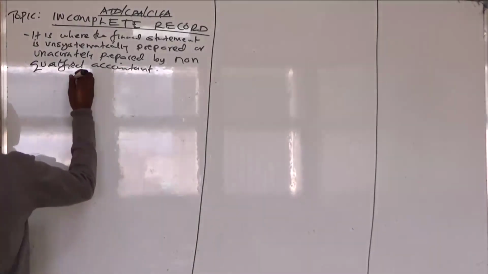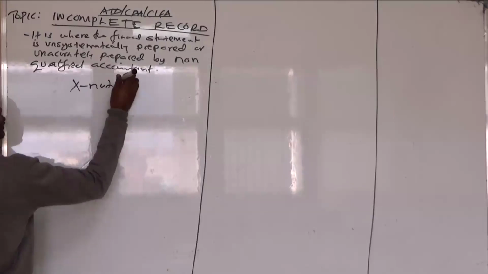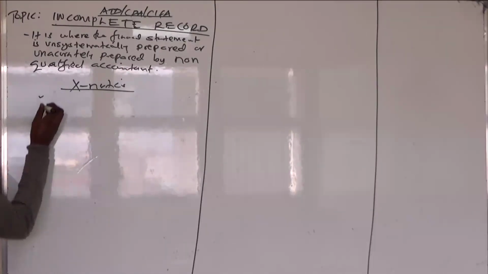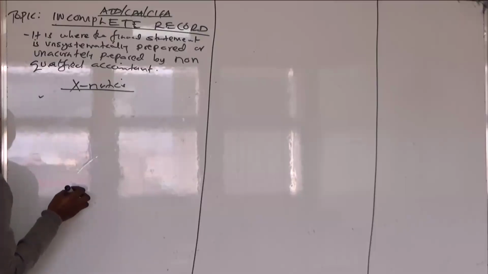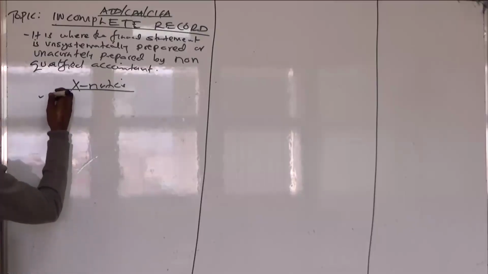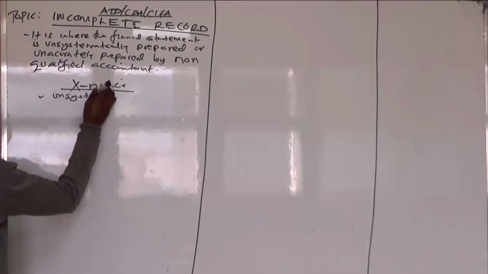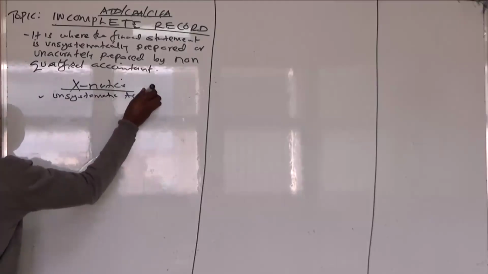On incomplete records. Characteristics of this incomplete record. Number one, we can talk about it is unsystematic account entries.